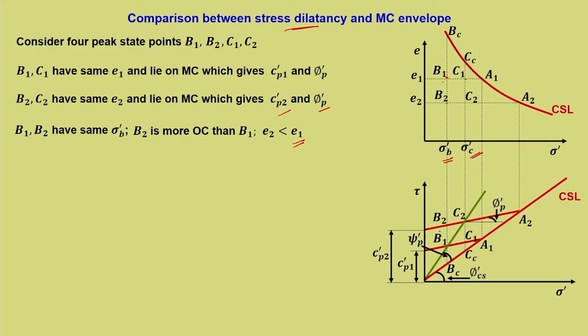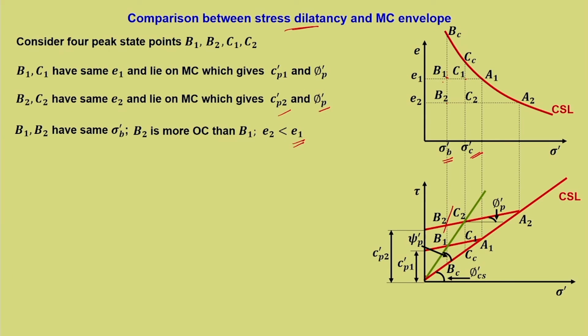If we draw a line through B2, you can see that the dilation angle is more for B2, which is a good indication that it is more overconsolidated. If it is more overconsolidated, it is bound to exhibit more dilation towards the lower stress region. So the dilation caused in B2 will definitely be more than B1, and hence the dilation angle is more. If you draw this line through the origin, you can see that psi dash P for B2 is more than psi dash P at B1. And obviously e2 is less than e1.